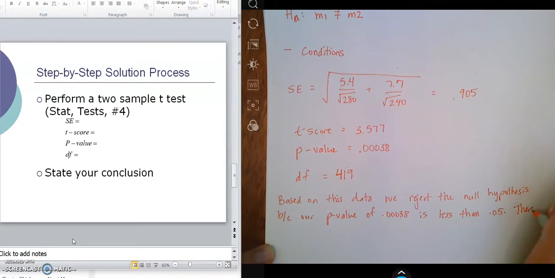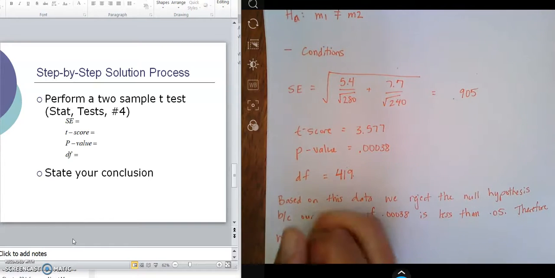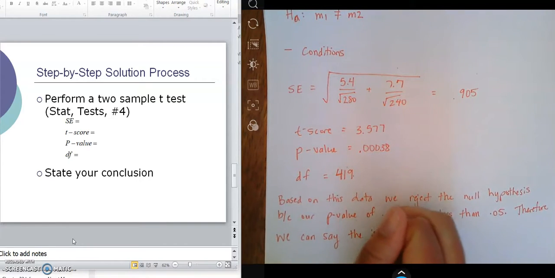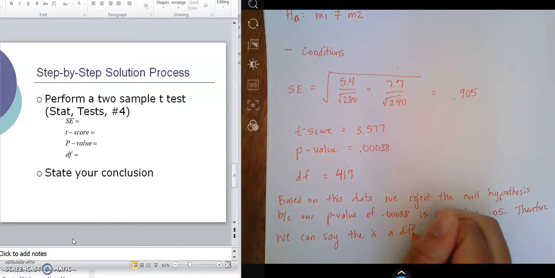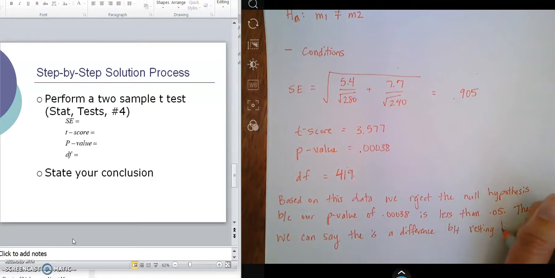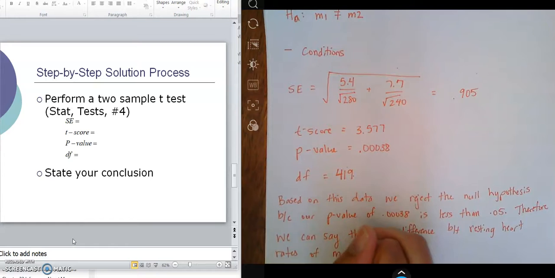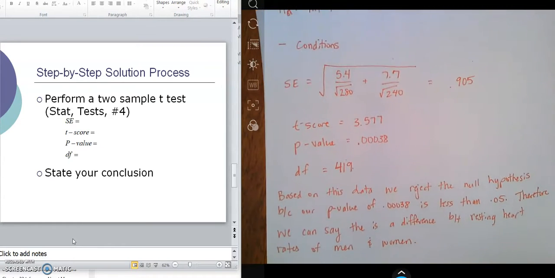Therefore, we can say there is a difference between resting heart rates of men and women. All right, so that is your p-value one.